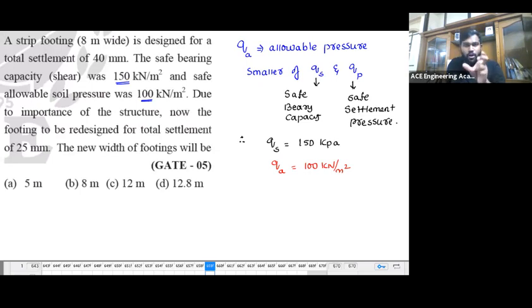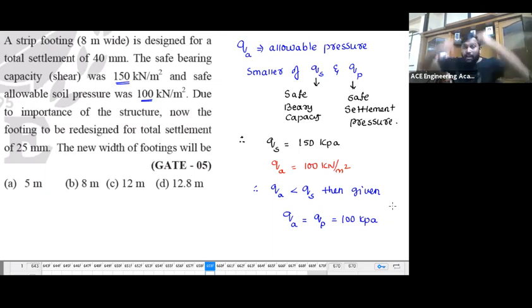So the allowable pressure is nothing but the gross pressure that a soil can bear safely without any shear failure and without any excessive settlement. Is QA equal to QS or QP? As QA is less than QS, given QA equals safe settlement pressure, equals 100 kilopascals. This is the meaning.